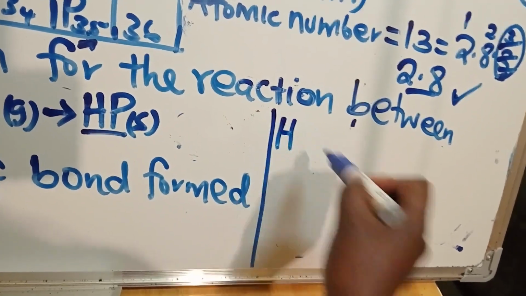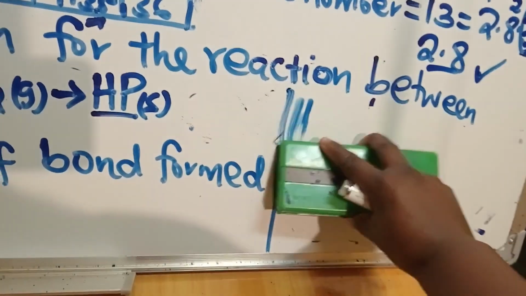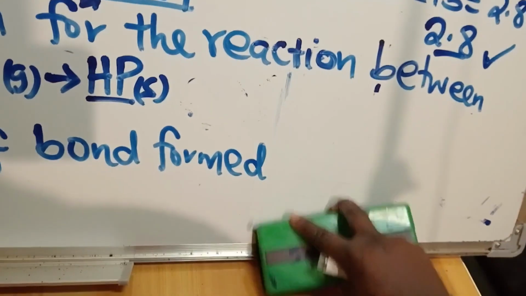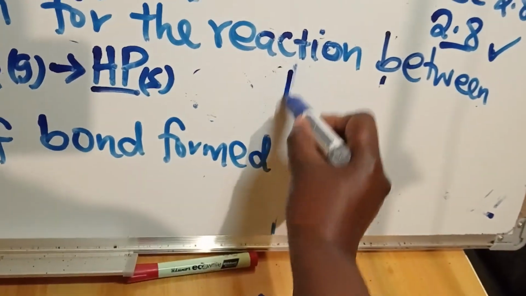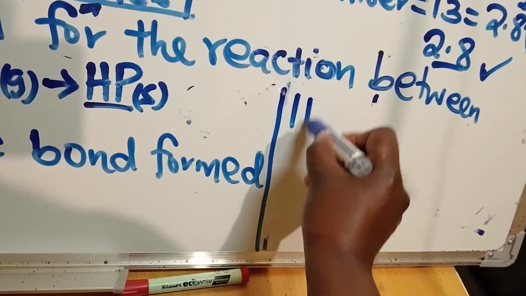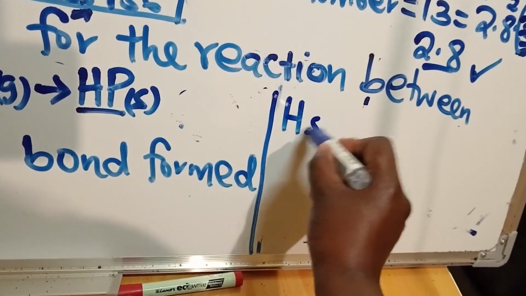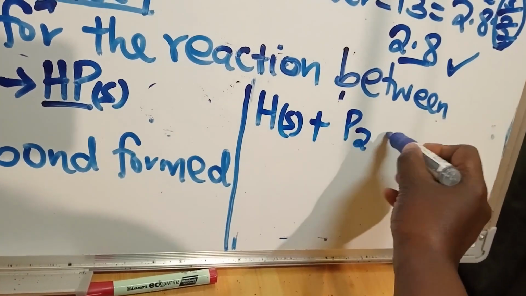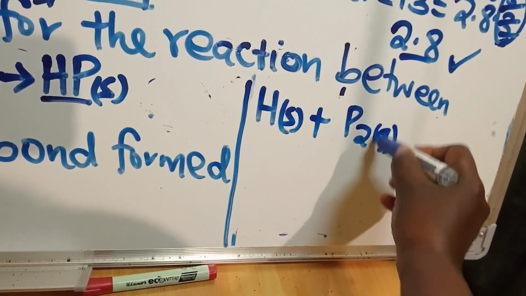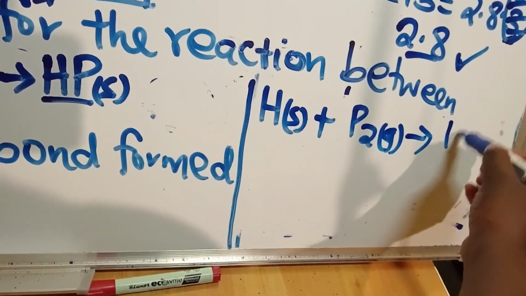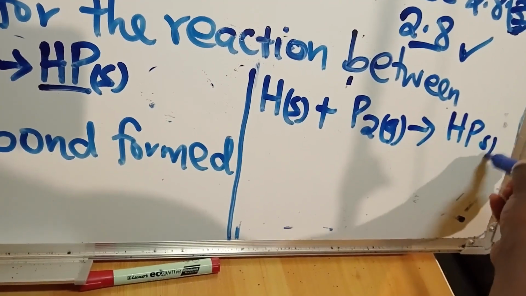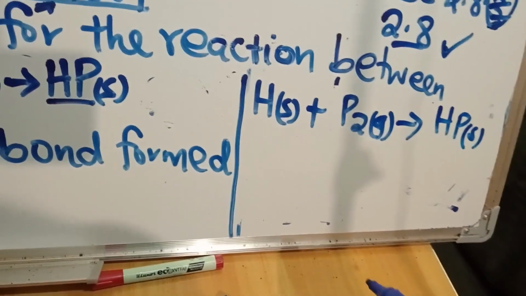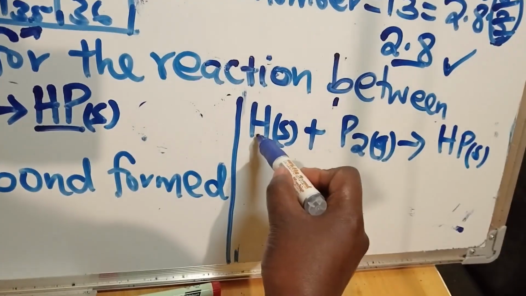We have H in the solid state plus P2 in the gaseous state to give us HP in the solid state. Let us start balancing.